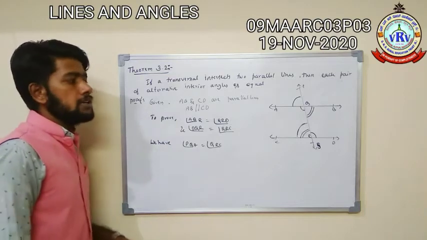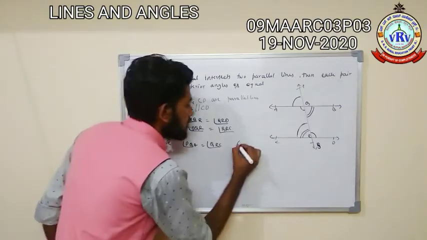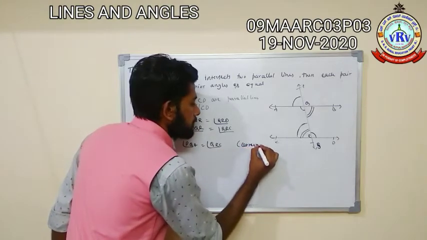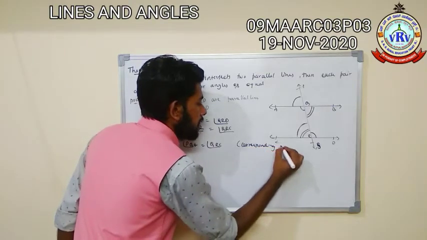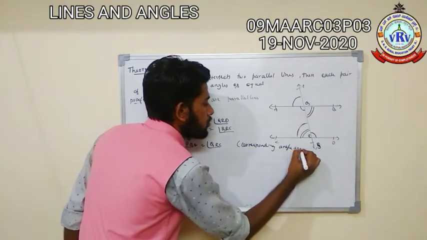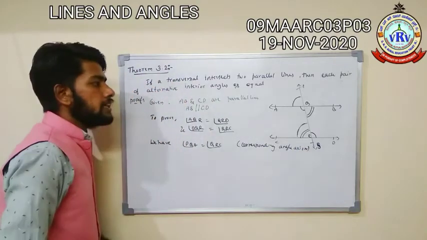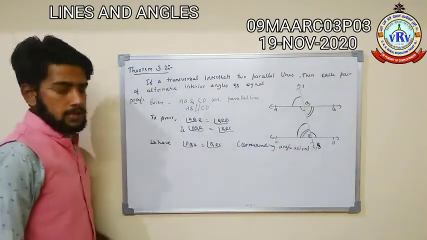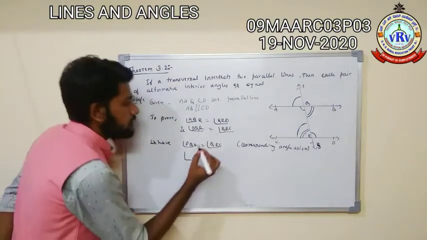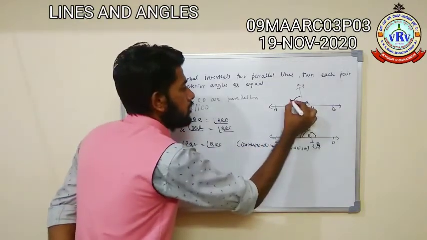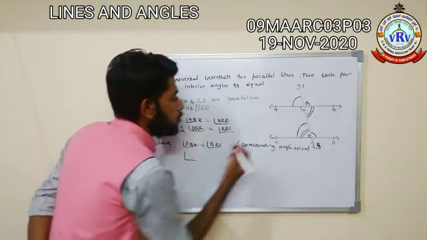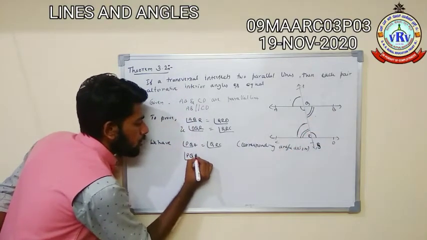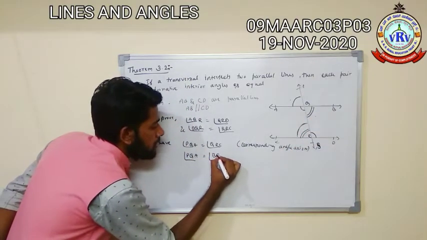It is nothing but the corresponding angle. Using the corresponding angle axiom, we can say angle PQA is equal to QRC. And look at these two angles, PQA and BQR. PQA is equal to BQR.